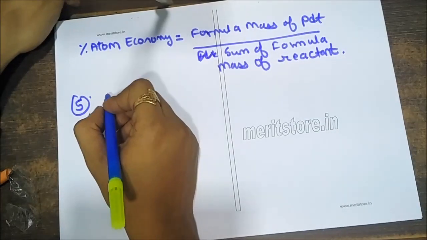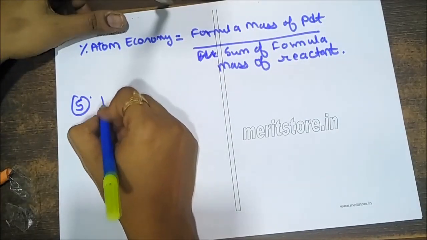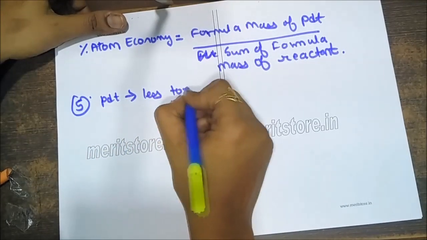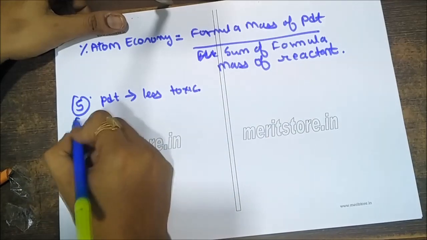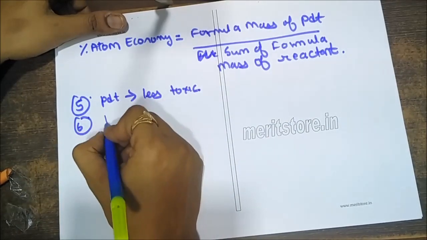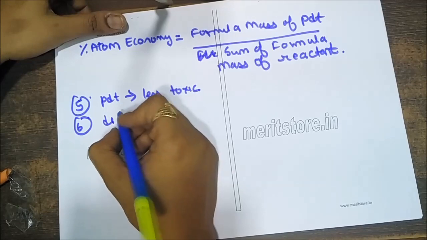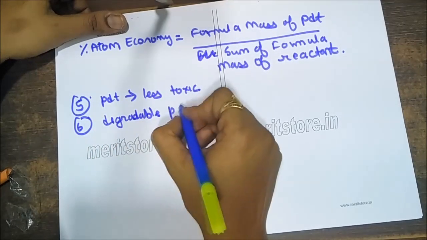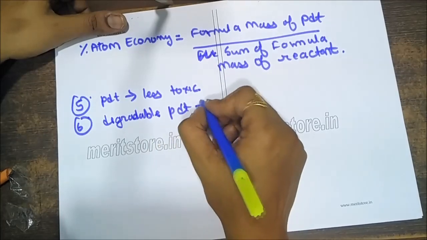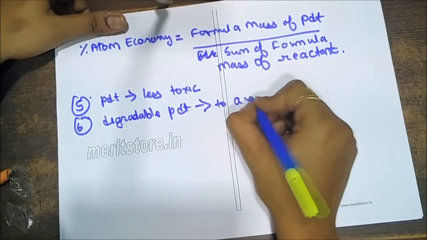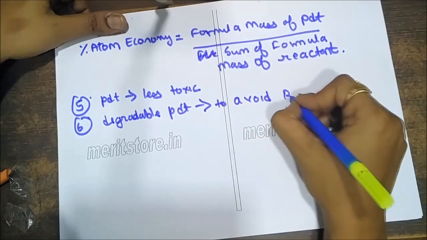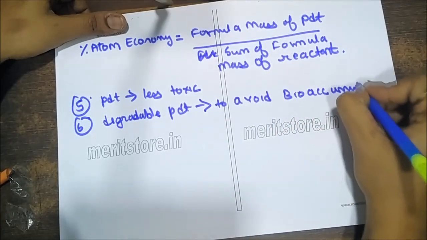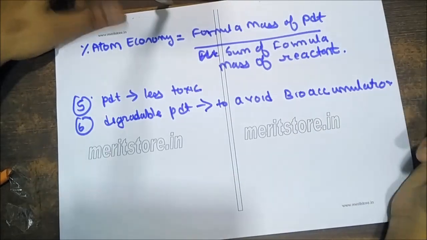The next aim is to develop products that are less toxic. So even the products should be less toxic. Next aim is to develop degradable products, so that they don't get accumulated in the environment, to avoid bioaccumulation.